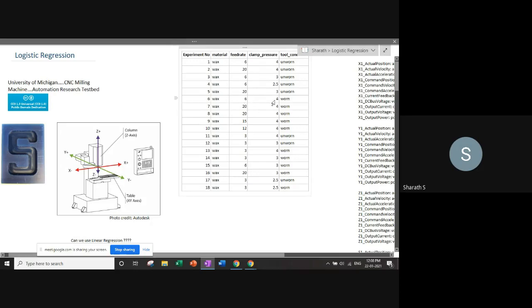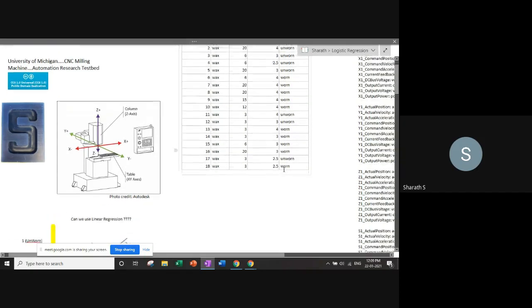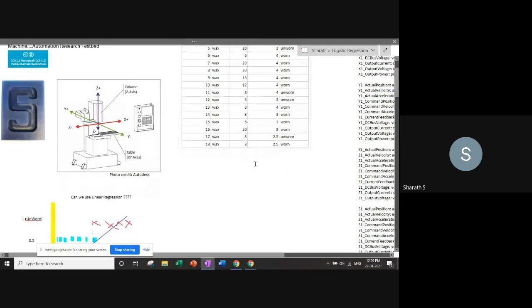There are some X variables and there is some Y. The Y in this context is not a number. There are just two classes, binary classes: the tool is worn or it is not worn. They have done this experiment and recorded all the X variables and the Y variables, and the Y variables are classes. So now, what is the model, and how can we build the model to predict this sort of classification problem?